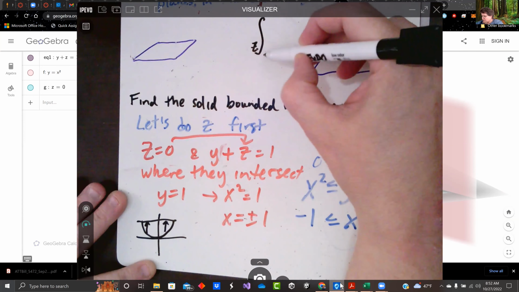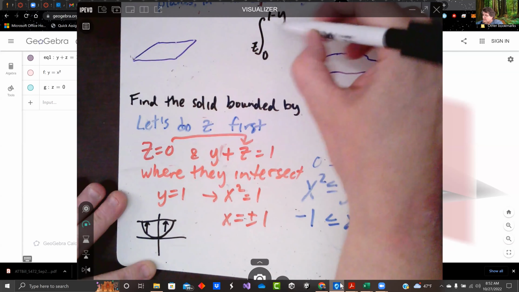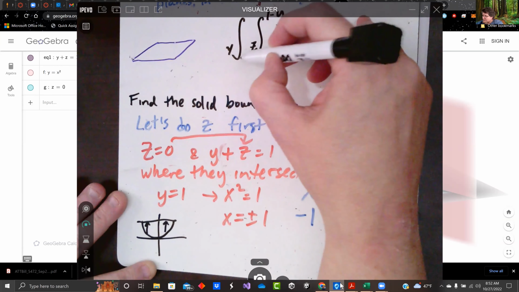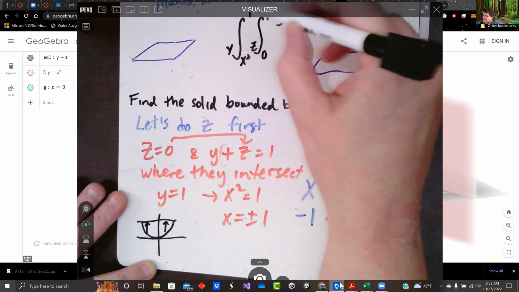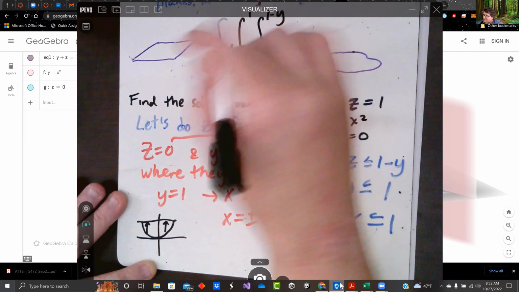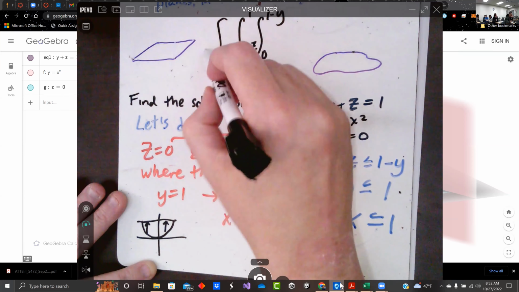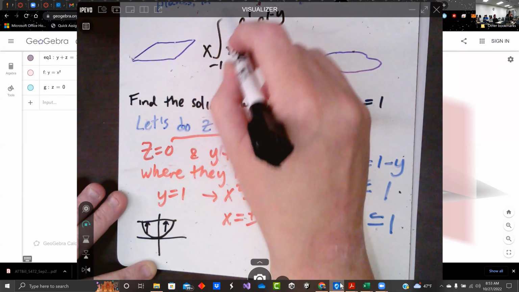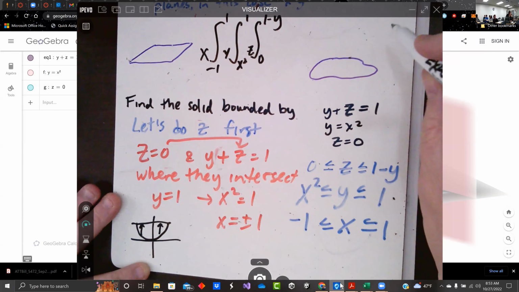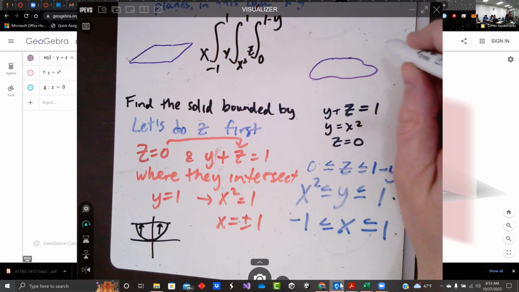Z goes from 0 to 1 minus y. Y goes from x squared to 1. And x goes from -1 to 1. Look at it, it's a triple integral.